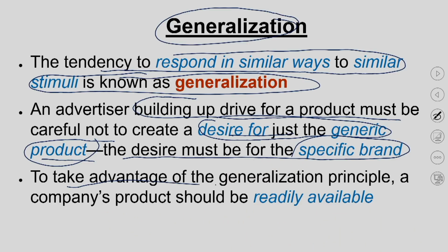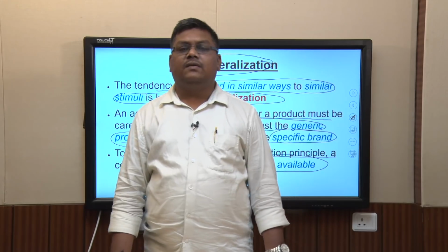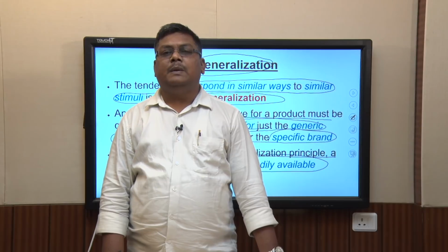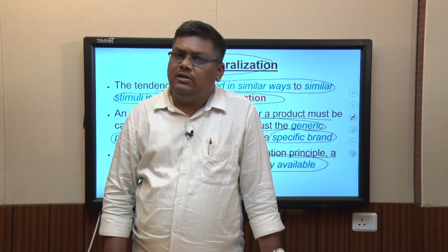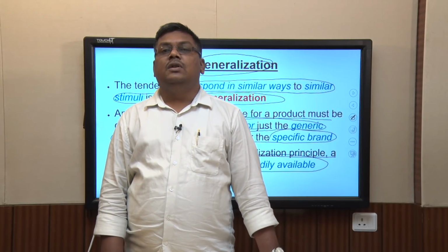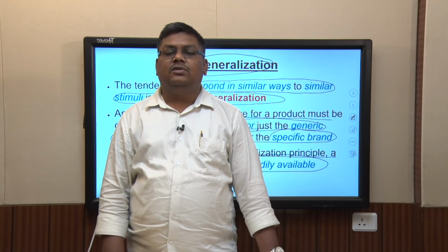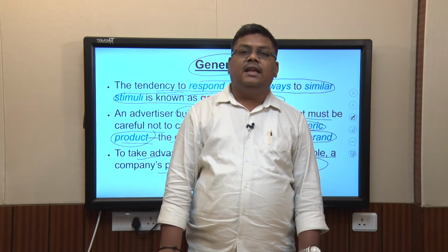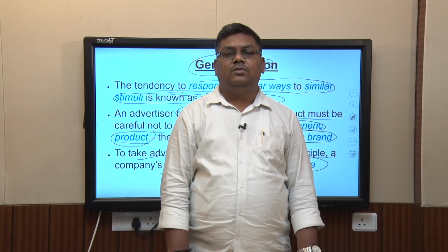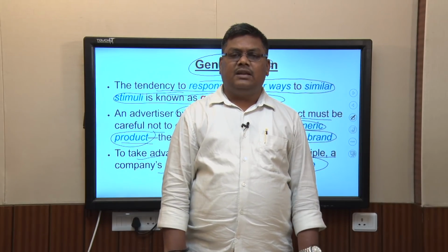Now, to take advantage of the generalization principle, a company's product should be readily available. If your product is similar to another product which people are using and you want them to buy yours, the first thing you need to do is understand the process of generalization. Advertise your product in such a way that it is competing with the product already in use.